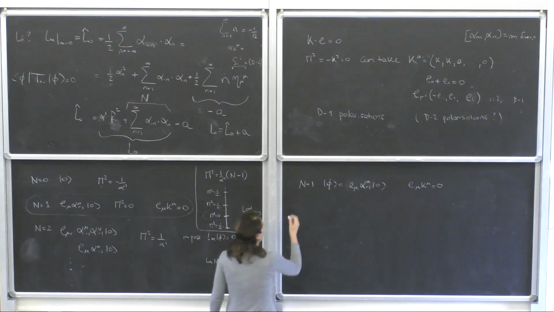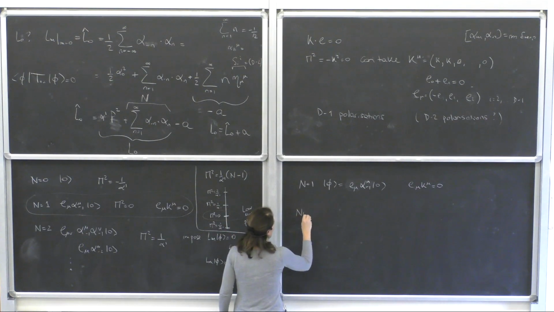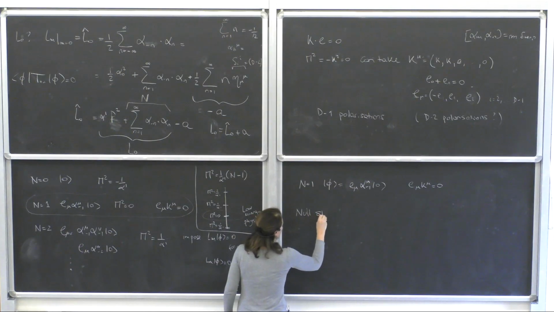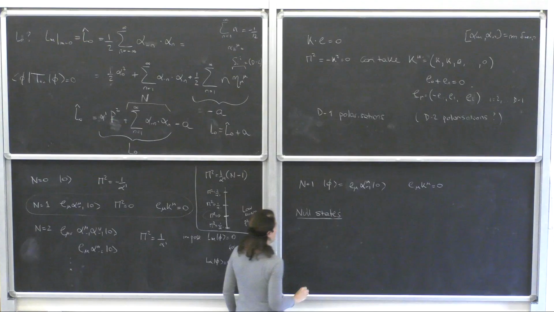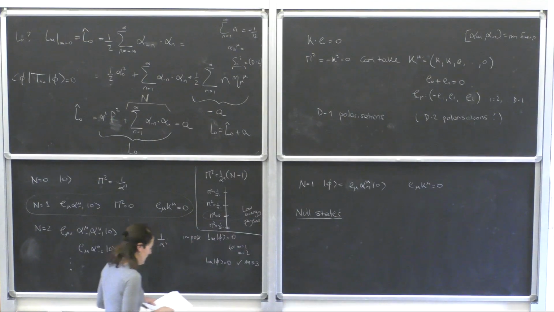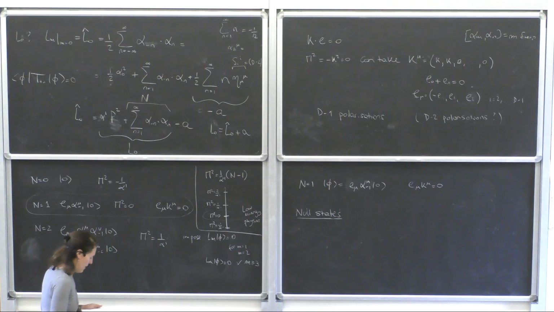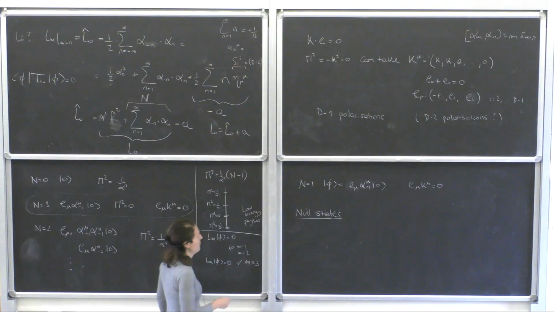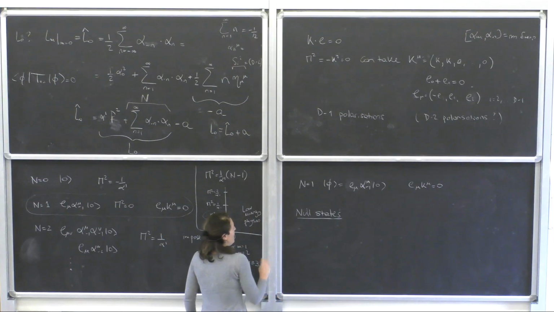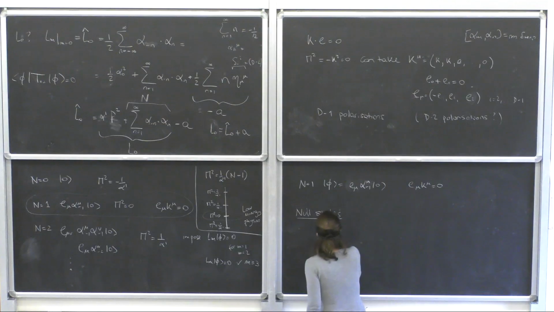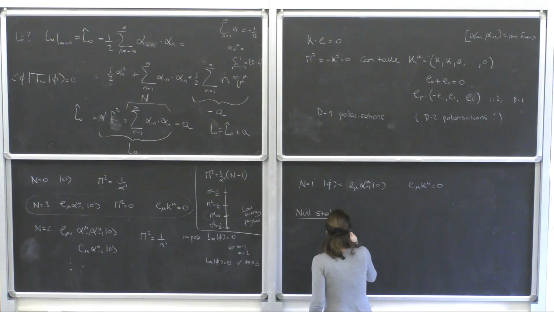And at this level, one, or at every level, one can construct null states. Let me tell you what they are. First I have to define the spurious states.